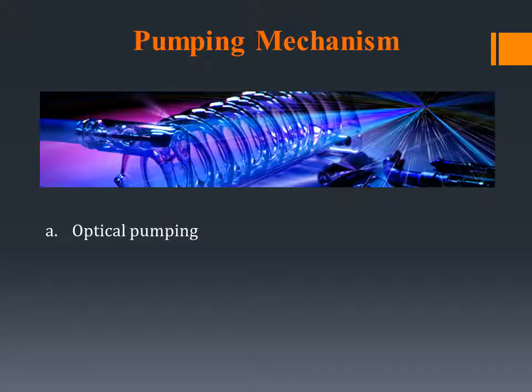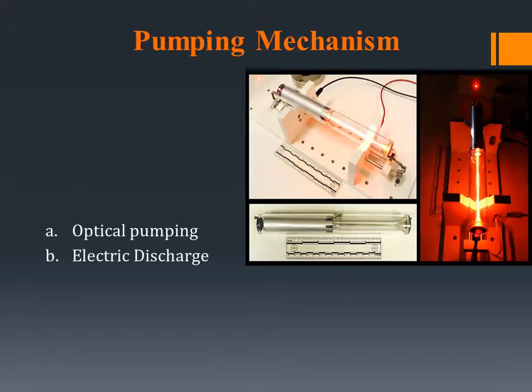They are optical pumping, where the atoms are excited with the help of photons emitted by an external optical source. The atoms absorb the energy from the photons and rise up to the excited state. Some common examples are the ruby laser and the diode laser.